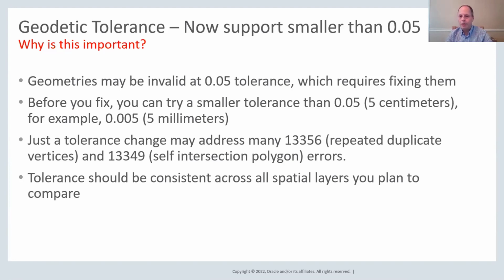And we've got utilities like rectify geometry, remove duplicate vertices, right? But what I noticed lately is, since now we support smaller than 5 centimeter tolerances, one of the things I do right up front, before I start fixing, is try a smaller tolerance. Maybe I'll try 5 millimeters. And when I do that, just by making that tolerance smaller, many of the repeated duplicate vertices go away. Self-crossing intersections, they just go away. So it's really nice that we can go smaller than 5 centimeters now.